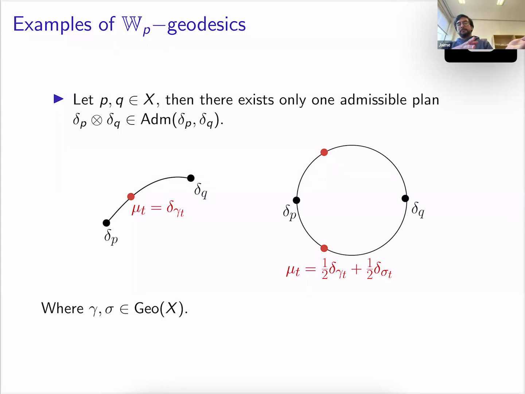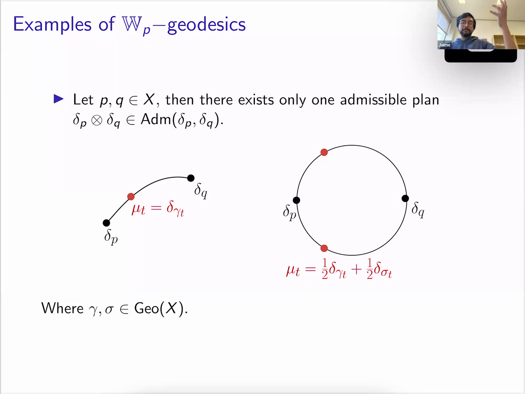Okay, so this is very intuitive, but say I have a different geodesic sigma joining P with Q. Then I can do what's drawn on the right. I can take a convex combination of the delta at gamma sub t plus the delta at sigma sub t. So this looks like I have my two Dirac masses, delta P and delta Q, and I split the mass and I take, say, 1/2 along gamma and the other half along sigma.